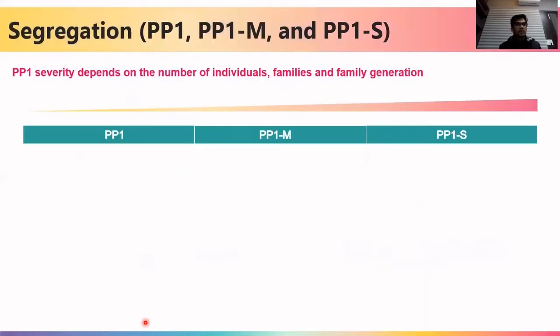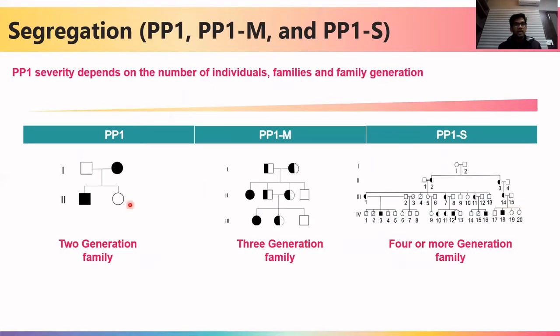Also, for PP1 there are different scenarios: PP1 could be supporting, moderate, or strong evidence. PP1 severity depends on the number of individuals, families, and the family generations.